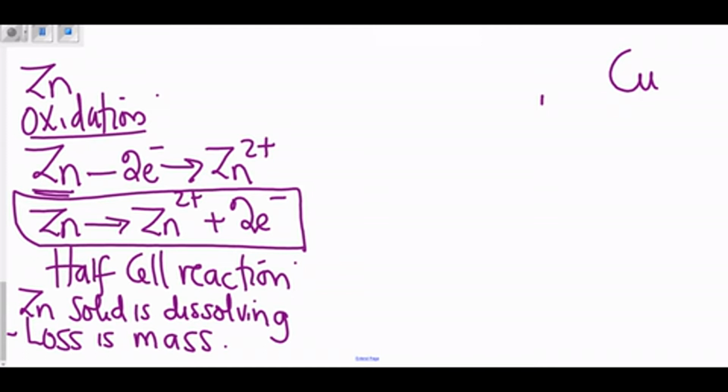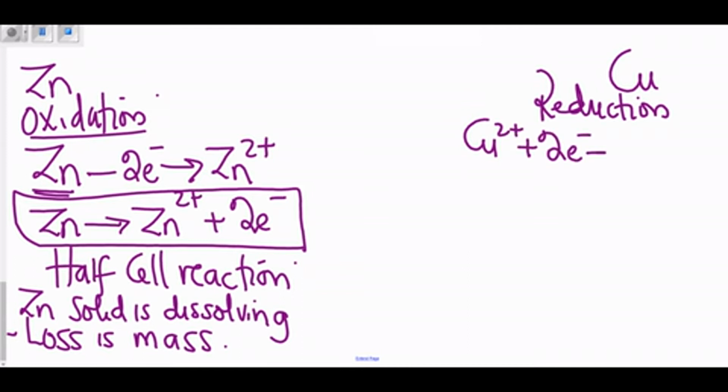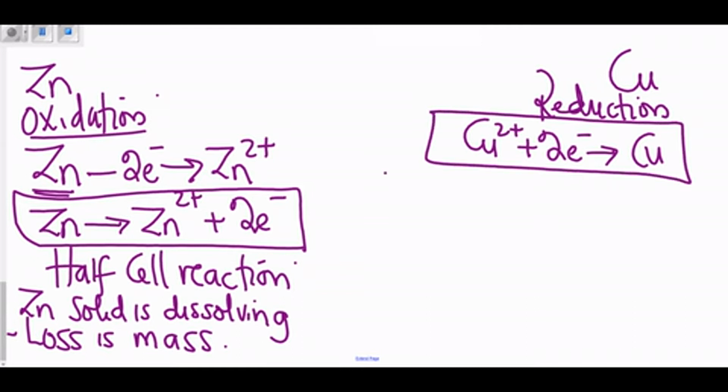On the other hand, where you have the copper electrode, we said it is reduction. What is being reduced? Copper 2 plus is gaining the 2 electrons, and becoming copper solid. I'm going to go back to that diagram for an animation. So this again is called our reduction half-cell reaction. What is happening here?